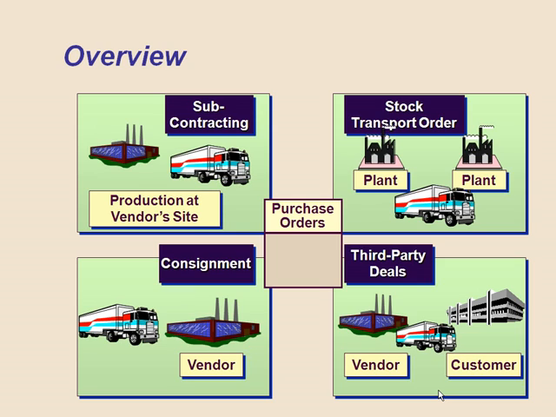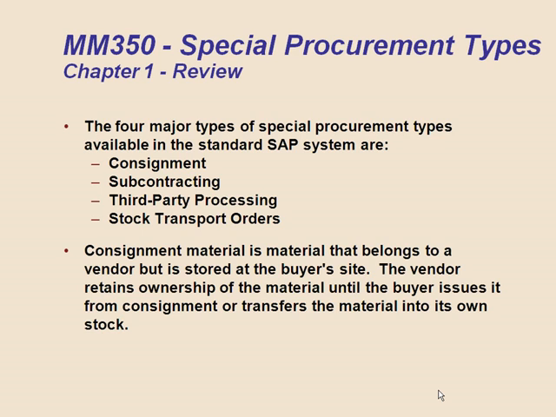Therefore, the supplier invoices the purchasing company, and the customer confirms to the purchasing company that he has received the material from so and so supplier. Therefore, the purchasing company, which in this case is the selling company from the customer's perspective, gives the bill to the customer. So there are three parties involved, and this is what we call third party sales order processing.